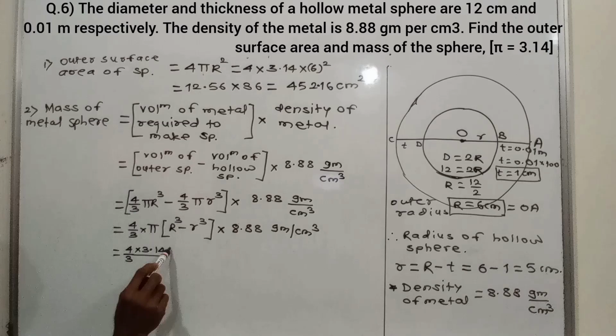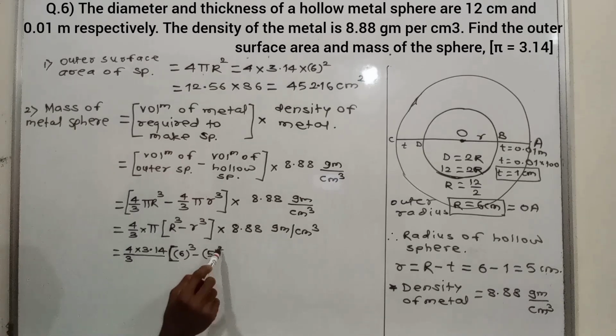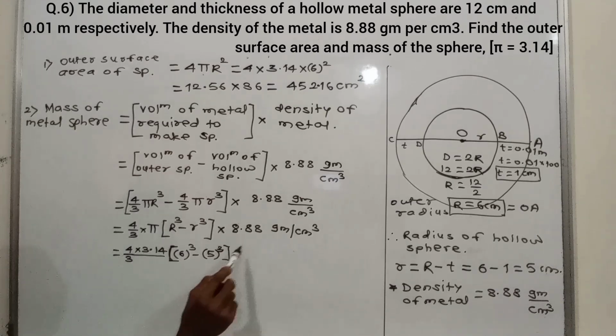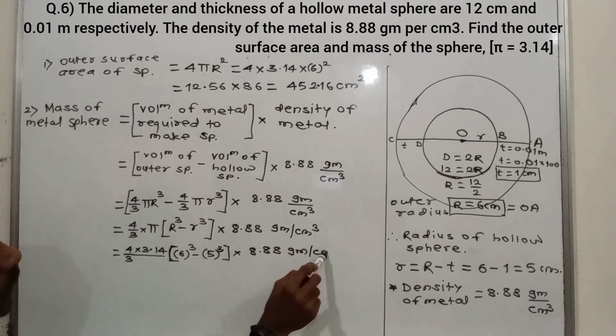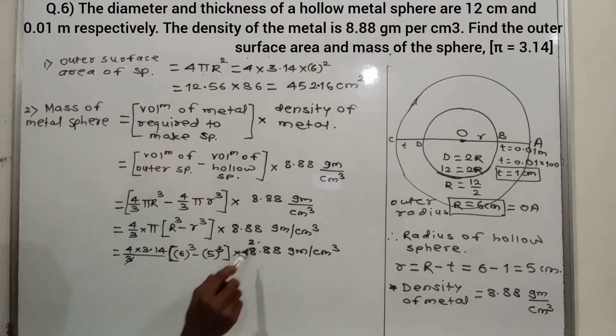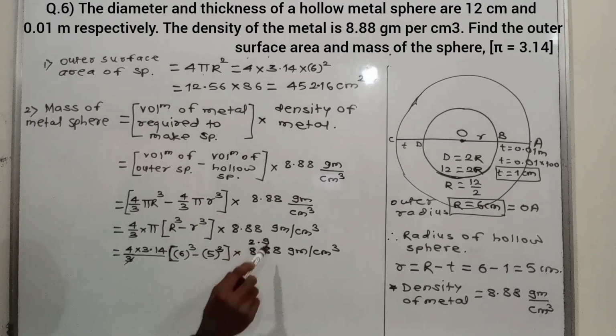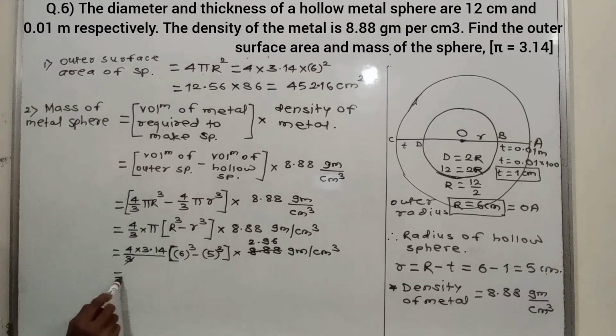Okay. Now here capital R 6, capital R 6 cube minus 5 cube into 8.88 gram per centimeter cube. Now here 3 2s are 6, 8 minus 6, 2, 2 8s are 28, 3 9s are 27 and 3 6s are. Okay.